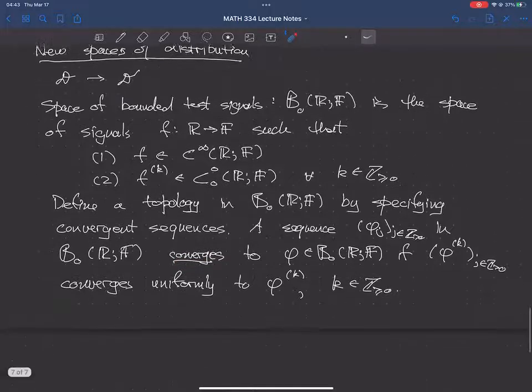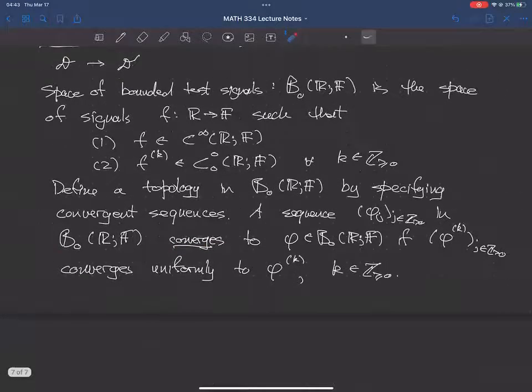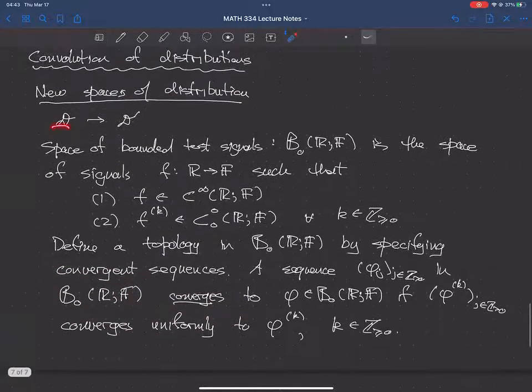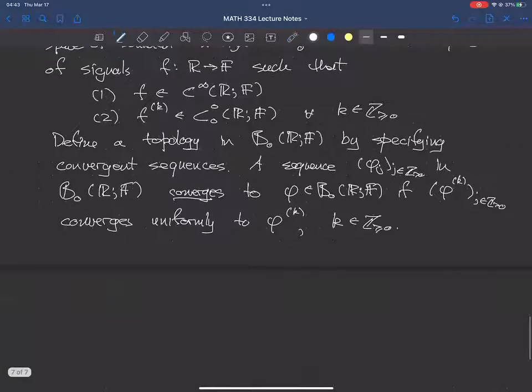So then you can talk about continuity. You can talk about continuous functions to and from B0. And so we're going to talk about continuous linear mappings from B0 into F, just like we did when we went from D to D prime. D prime was the set of linear continuous functions on D, and the same thing is going to be true here.